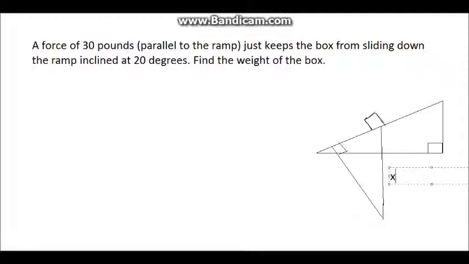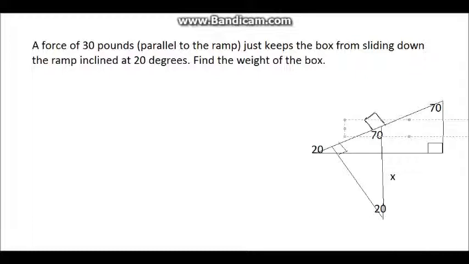Next we see that the ramp is inclined at 20 degrees, so we can start filling in our angle measures. It's a triangle, so 180 minus 90 minus 20 is 70. So this angle is 70, just like last time, which means this angle is also 70, which means this angle is 20. A force of 30 pounds parallel to the ramp just keeps the box from sliding down.